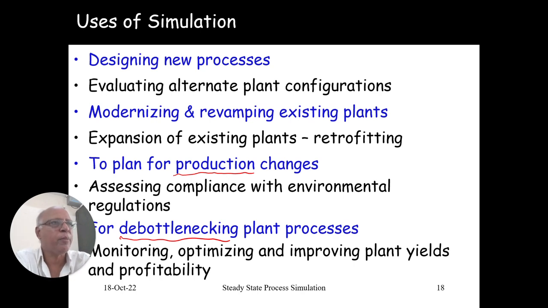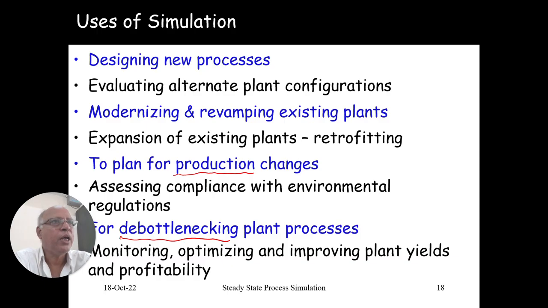Depending on the market demand, suppose you would like to maximize the production of one of the petroleum cuts. Do you think you will be able to manually change the temperature and pressure and see whether you are able to get to the required product? This is not possible. So simulation probably can be a handy tool.